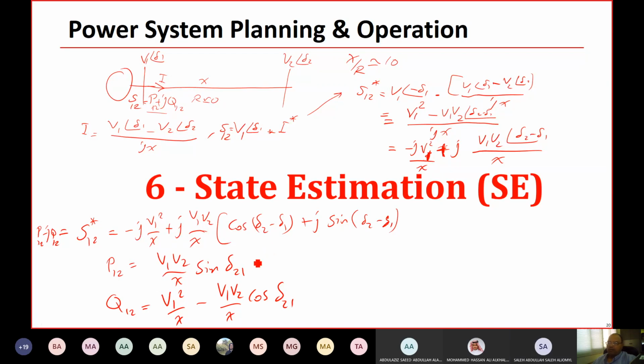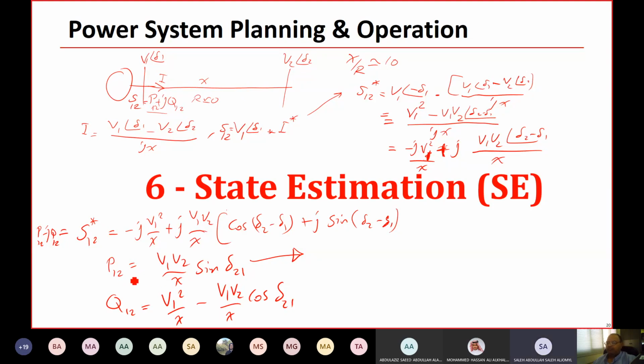Now, if you look at this, P12 is the line flow, the power flow here, right? So if you minimize this angle, if this angle is 0, there is no phase shift. So how much is the line loading?